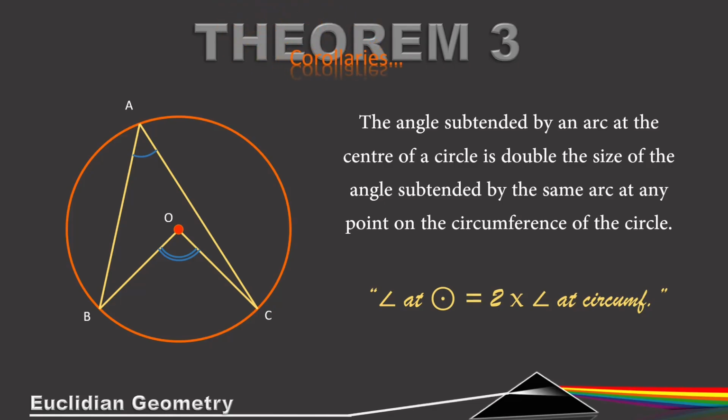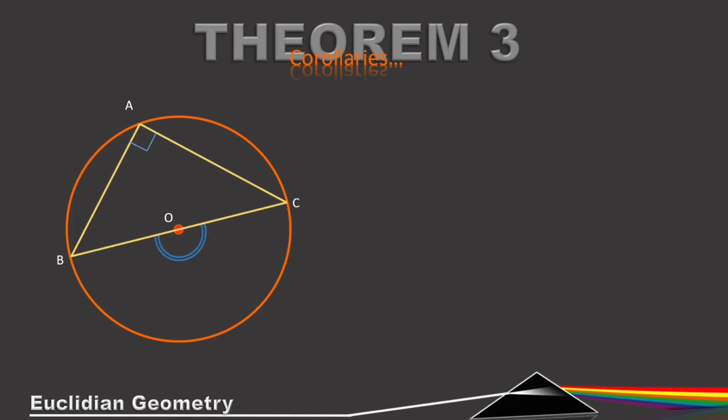Now corollaries, basically things that follow on this, or what will be true, is let's say our circle, the angle at the center is now 180 degrees, meaning it's actually now a straight line which forms the diameter of the circle. If that is going to happen, obviously if it halves, then it's going to be 90 degrees, which makes it a right angle.